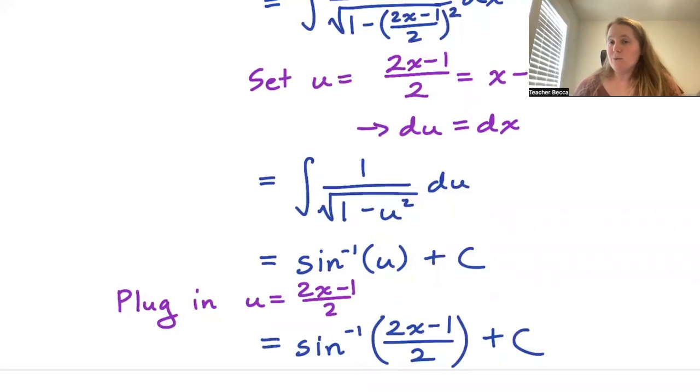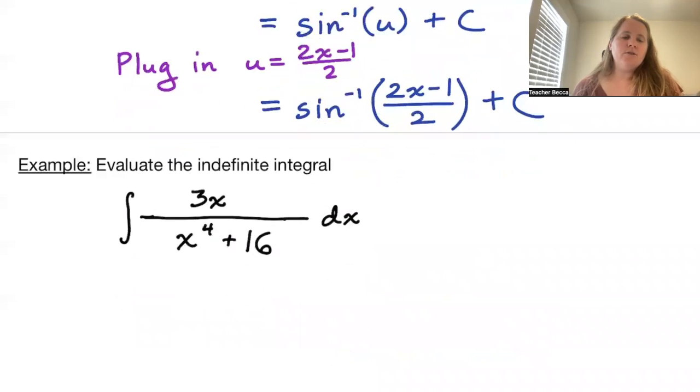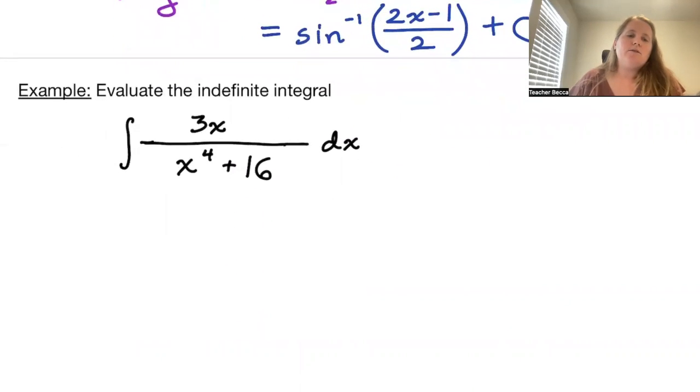So completing the square enables us to force different quadratics into a desired format for our inverse trig integrals. For another variation involving u substitution, let's do another example.